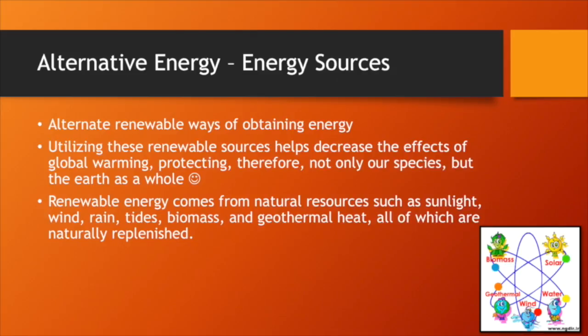Utilizing these renewable sources help decrease the effects of our global warming, protecting, therefore, not only our species but the Earth as a whole. Renewable energy comes from natural resources such as sunlight, wind, rain, tides, biomass, geothermal heat, all of which are naturally replenished.